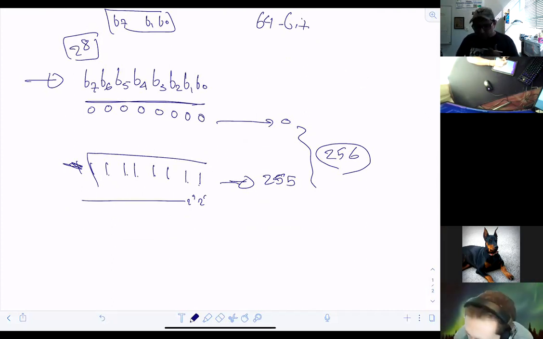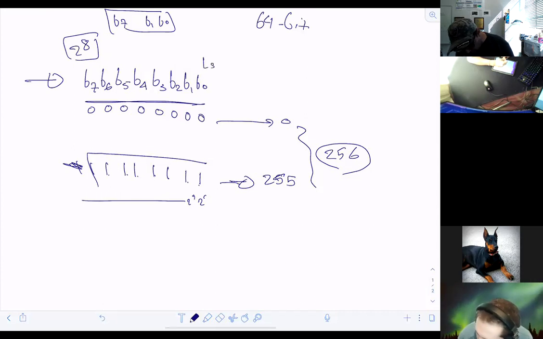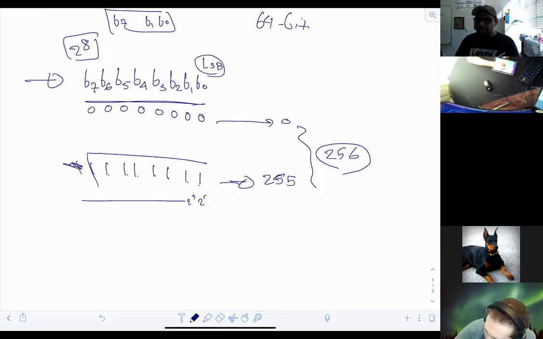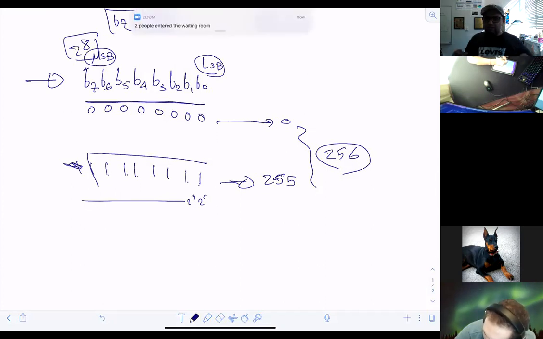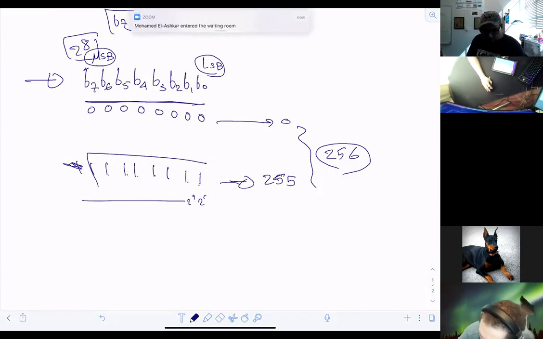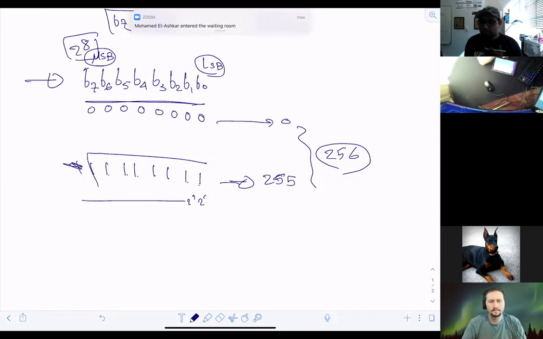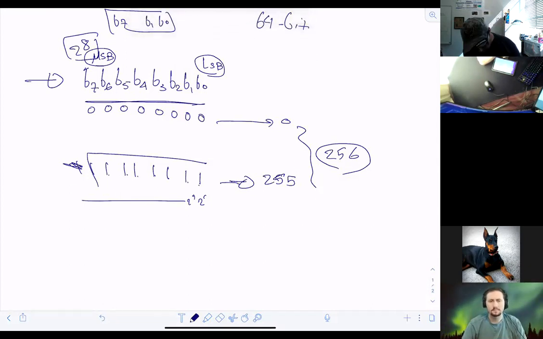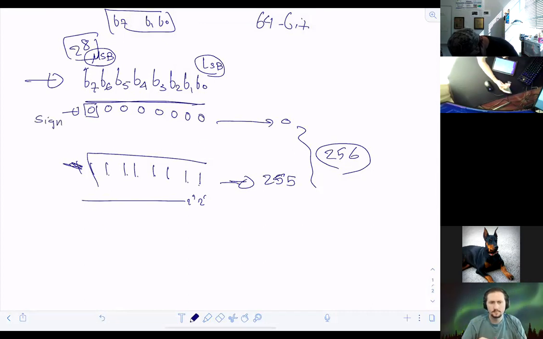They came to a conclusion that this one is called the LSB, the least significant bit, and this is called the MSB, the most significant bit. As scientists, let's follow one rule: the most significant bit represents the sign. So the scientists said, make this one the sign.